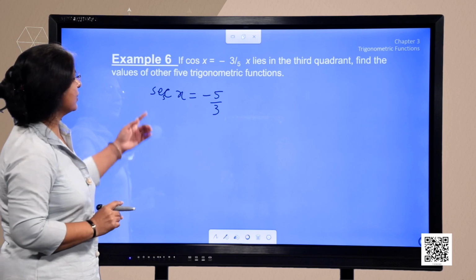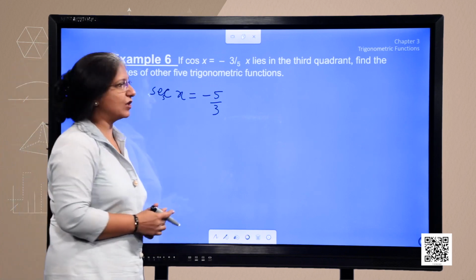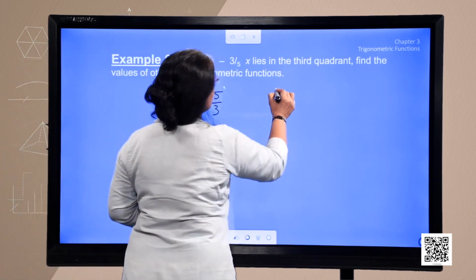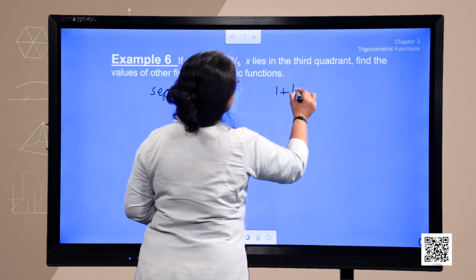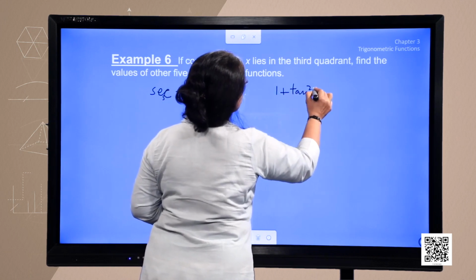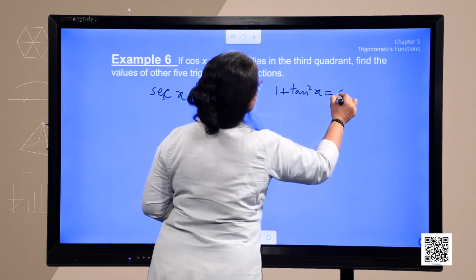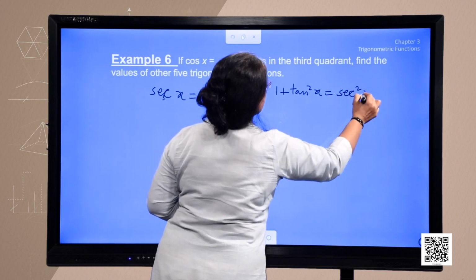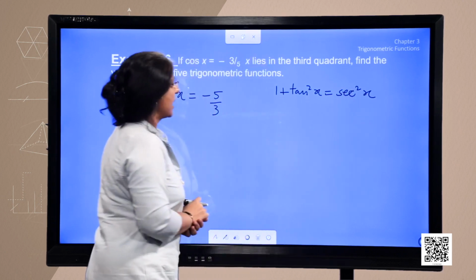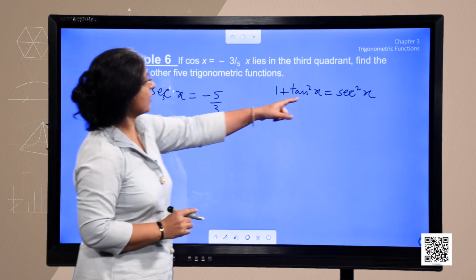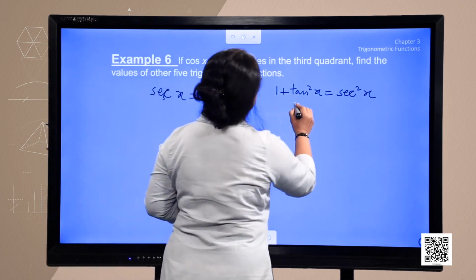And when we know the value of sec x, we can find the value of tangent x, because we know that 1 plus tangent square x is equal to sec square x. Here we know the value of sec, we can find tangent.